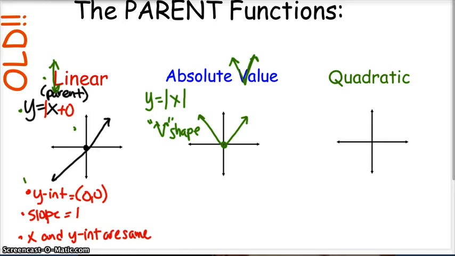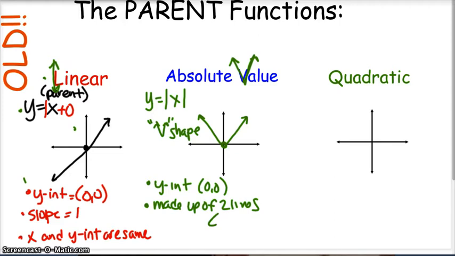General characteristics, it's very similar to the line in that it has a y-intercept at (0, 0). It's made up of 2 lines. The slope of one of the lines is negative.